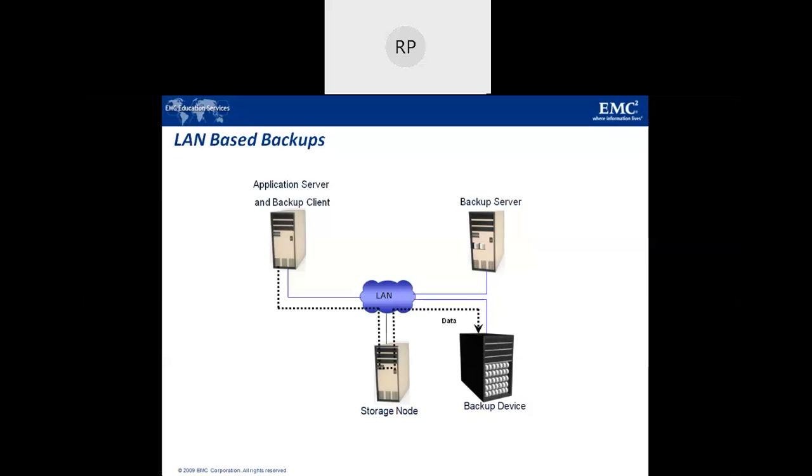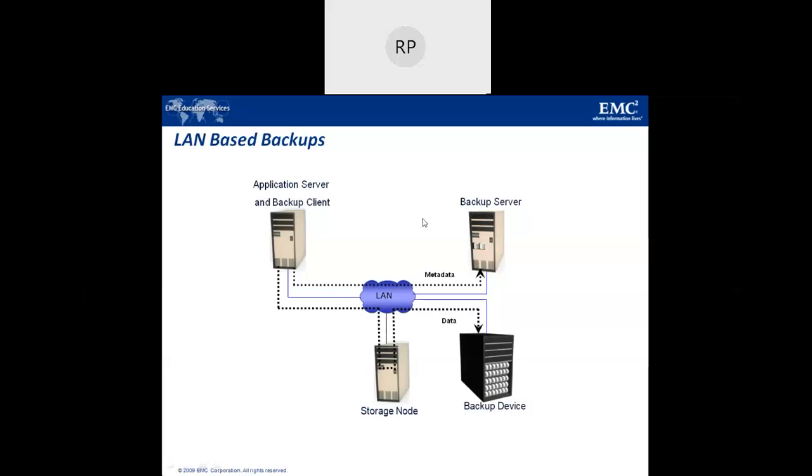And if you have more than one application server using the same backup device, it is possible because the backup device as well as the storage node are present in a LAN. And to access the metadata also, it is going to use the same LAN. This type of topology is called LAN based backup.